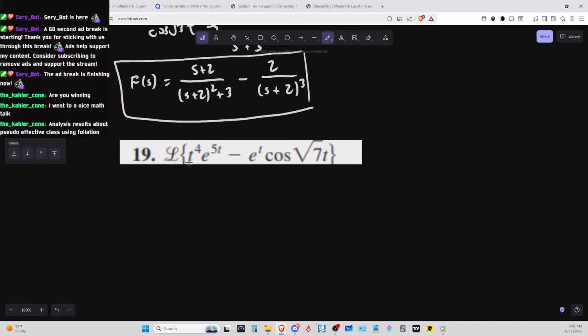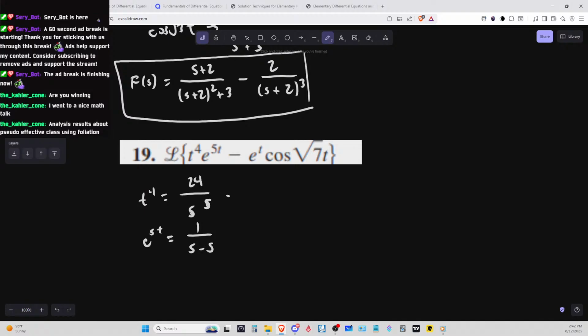So we got t to the 4, which means that it's going to be s to the 5th, and then it's going to be 4 factorial. So 3 factorial is 6, and then basically 6 times 4, that would be 24. And in this case, we also have e to the 5th, which is 1 minus s.